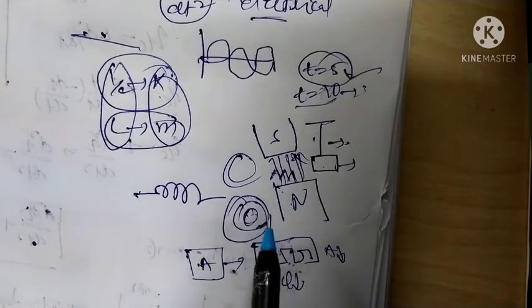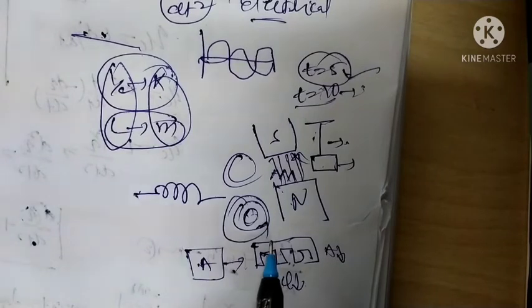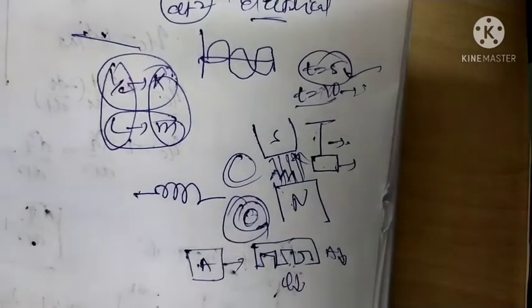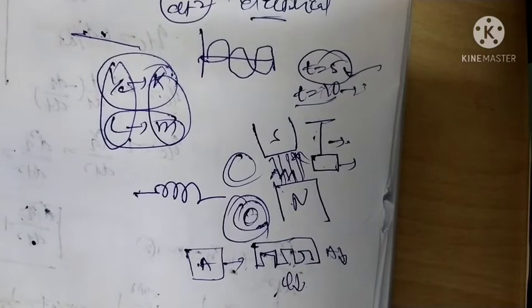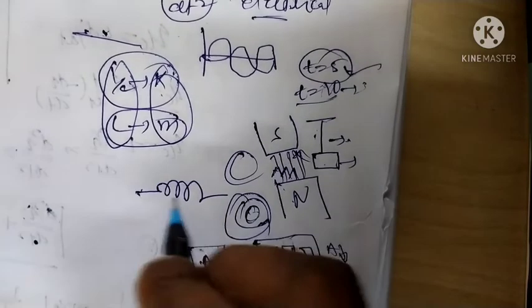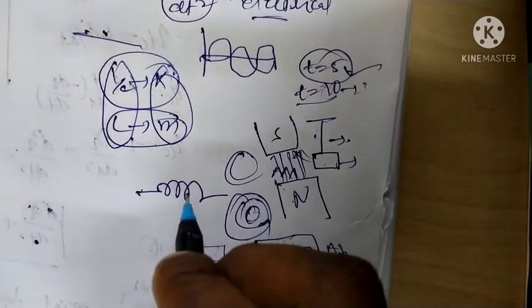Next, second case: if the resistance were 0, the energy of the system would not remain constant. It is radiated away from the system, as electromagnetic waves, which is the next chapter. If resistance is not 0, an inductor or any metal has some resistance.